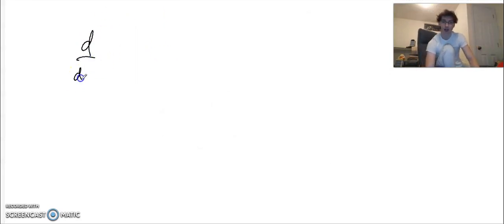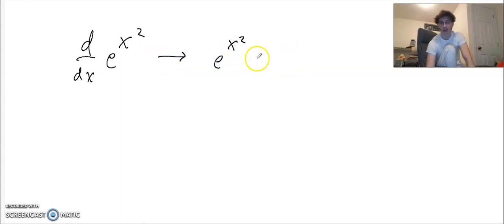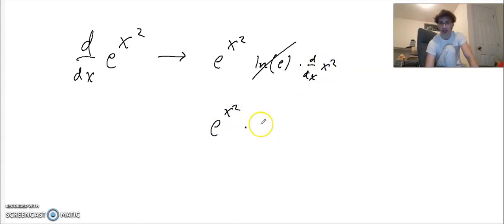If we want to find the derivative of e to the x squared, then we keep it as is. We have the natural log of the base, which is just 1. But then we also multiply, like the chain rule, by the derivative of the top, which is 2x. So e to the x squared times 2x, and this is just 1.